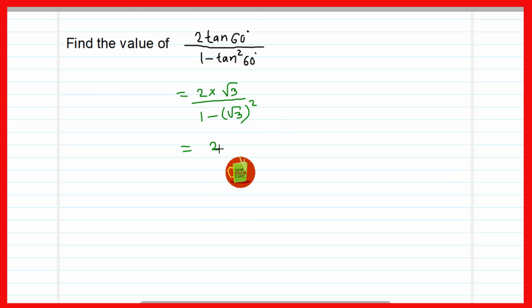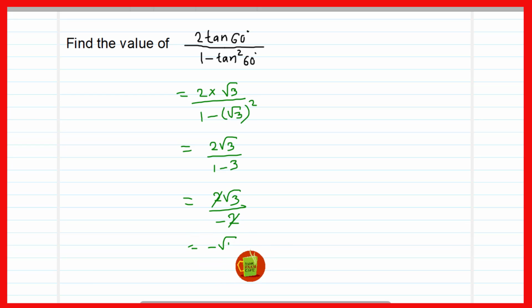So which is equal to 2 root 3 upon 1 minus root 3 squared, which will be 3. And so which is equal to 2 root 3 upon 1 minus 3, that will be minus 2. 2 will get cancelled, and so it is equal to minus root 3, and therefore the required value is minus root 3.